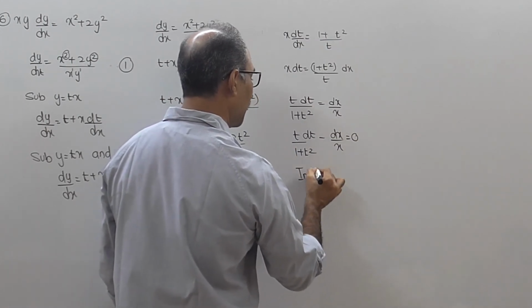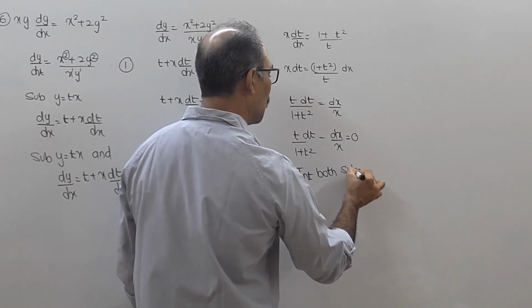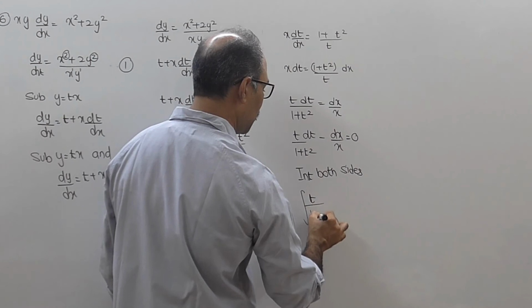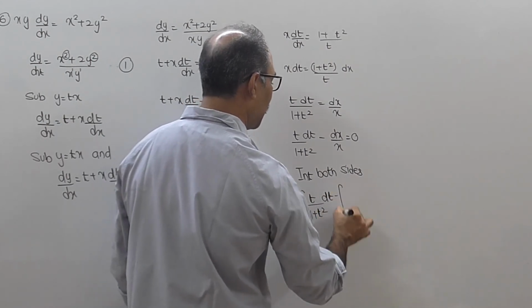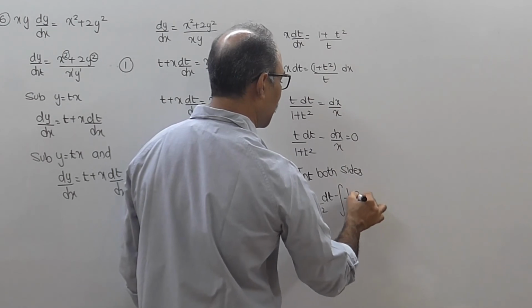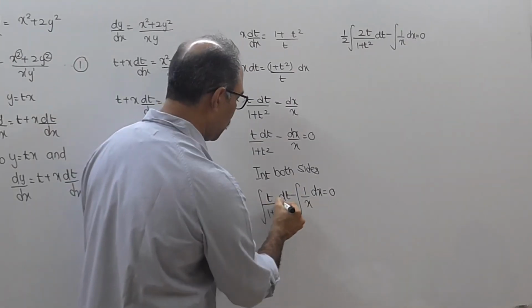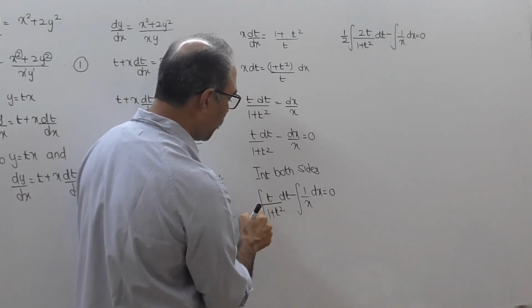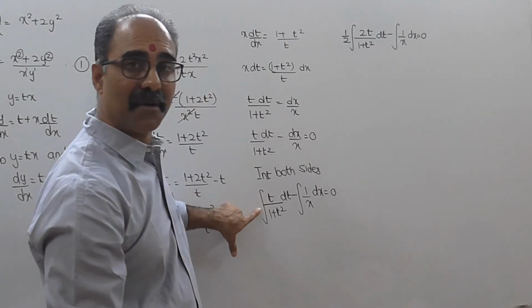You have to integrate both sides. We get integration t upon 1 plus t square dt minus integration 1 upon x dx equal to 0. Now this is t upon 1 plus t square. If I multiply the numerator and denominator by 2, this becomes 2t and this becomes half.